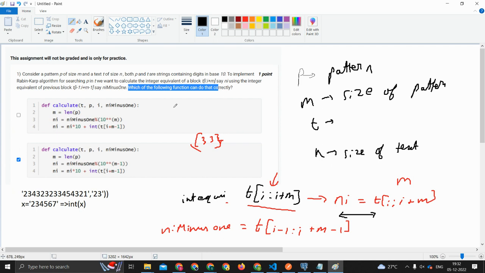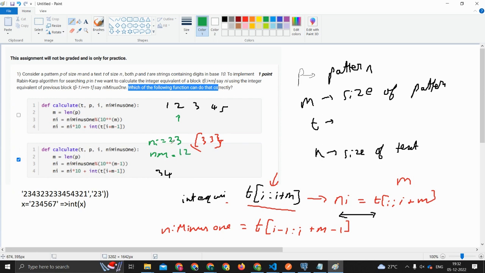Yeah, you're right. So let's say that we have numbers 1, 2, 3, 4, 5, and we are trying to match pattern 34. In this case, let's say we are at this index. For this index, ni will be 23, right? And n minus 1 will be 12. Got the point?